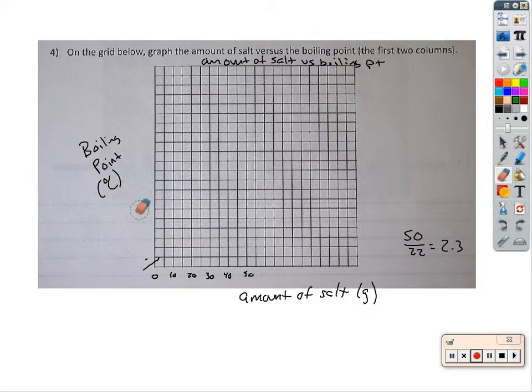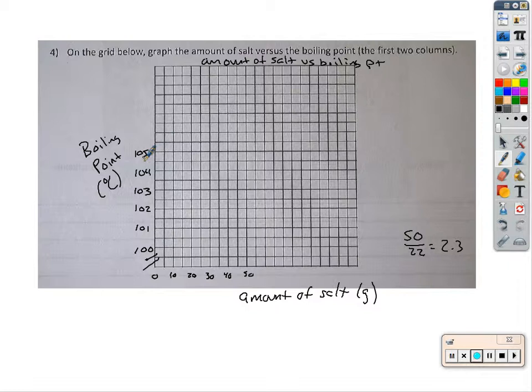So now I'll try it by 0.5. I'll start with 100. That'll be 100.5. This will be 101. 101.5, 102. 102.5, 103. 103.5, 104. 104.5, 105. And that fits. Now we've got all of our numbers where they need to be.